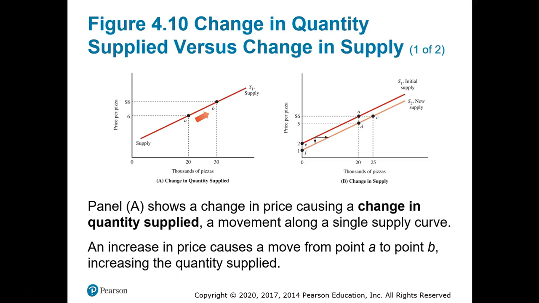So if we looked at the supply, we know that the change in quantity supplied is a movement along the single supply curve based off of price. An increase in price causes a movement from point A to point B, increasing the quantity supplied. But what does the shift do? Why the change in supply? A change in supply is going to not move along, but move the line differently, left or right.